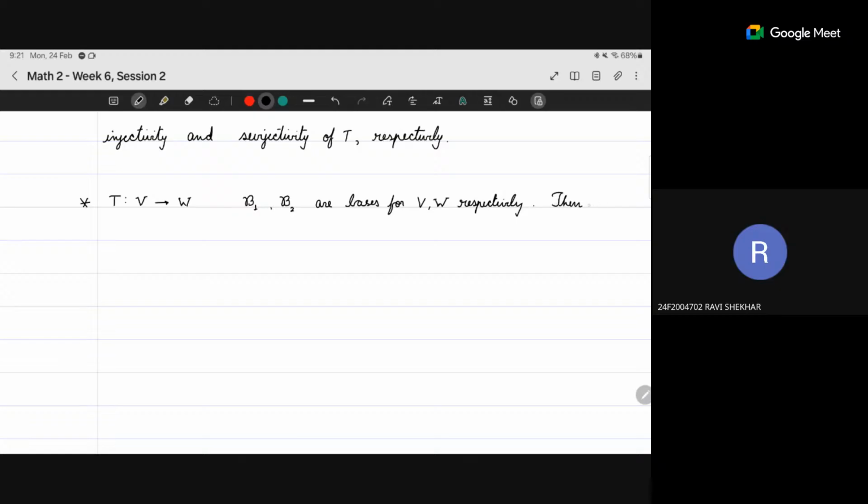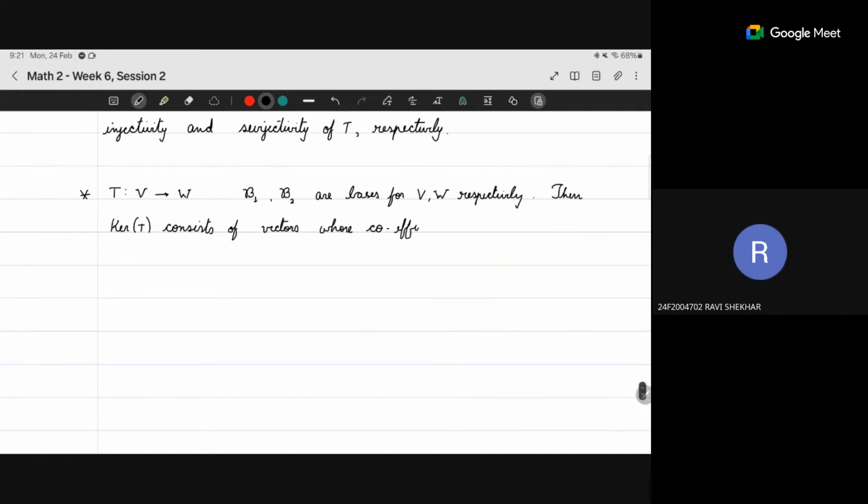Then the kernel of T consists of vectors whose coordinate vectors, or coefficient vectors, lie in the null space of the matrix M of T with respect to B1, B2.